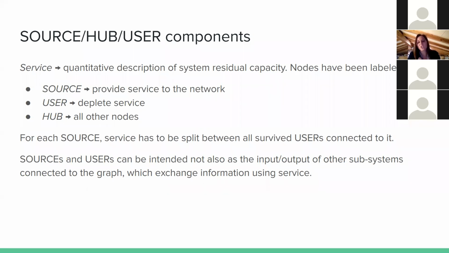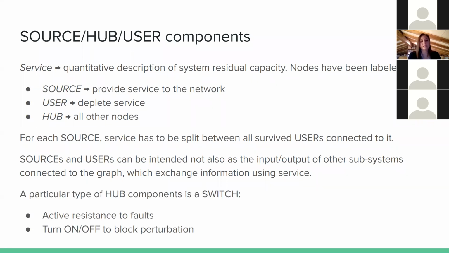And you can exchange in some way information on the state of the system, saying how much service you have left. And of course, maybe your output may go as an input to another plant. So this is the way we model it.